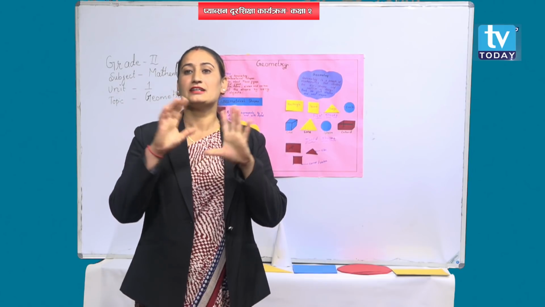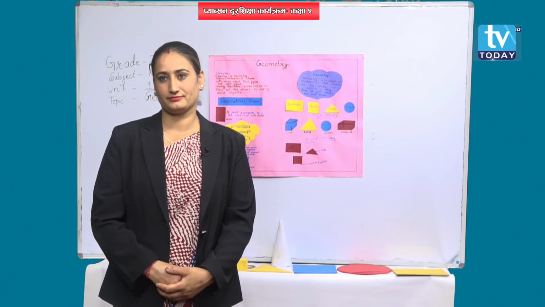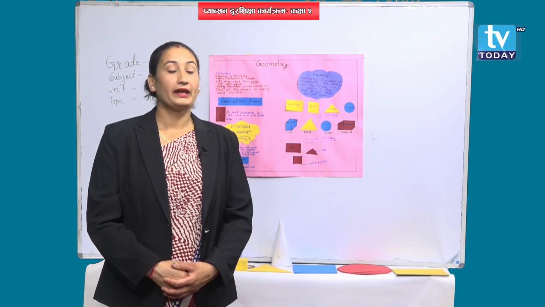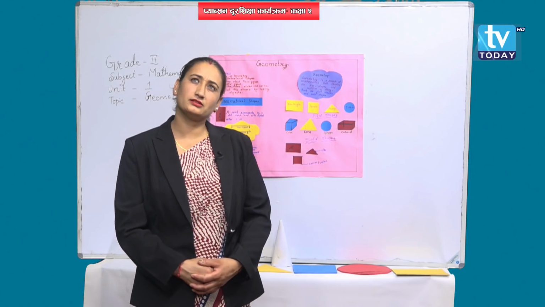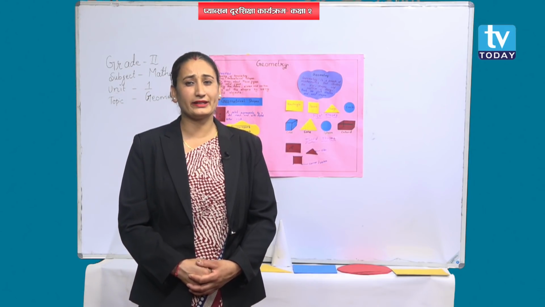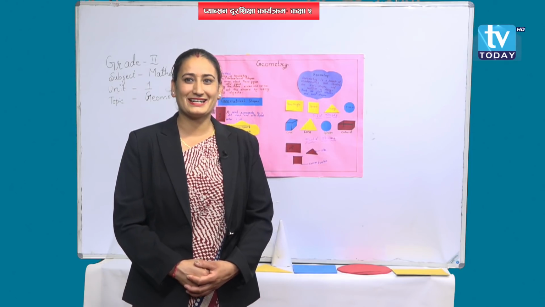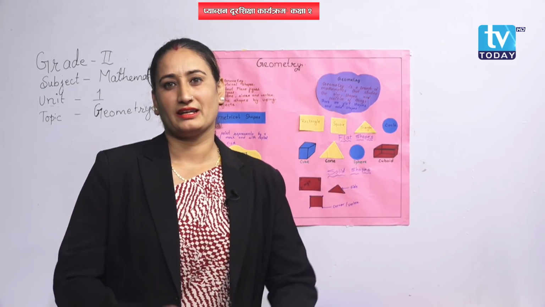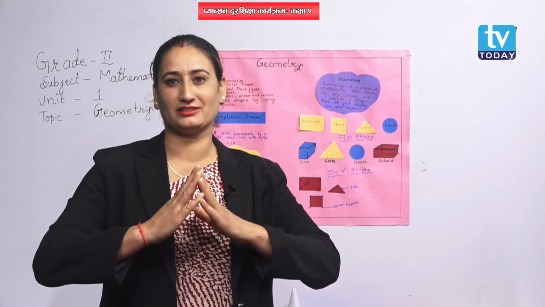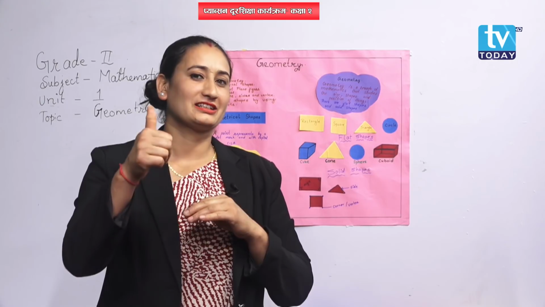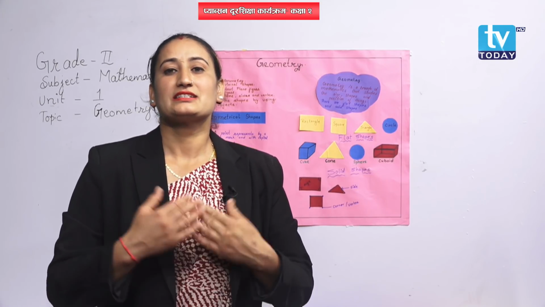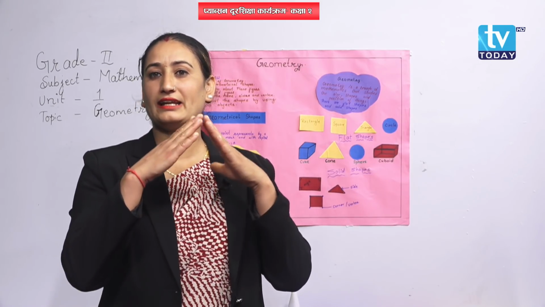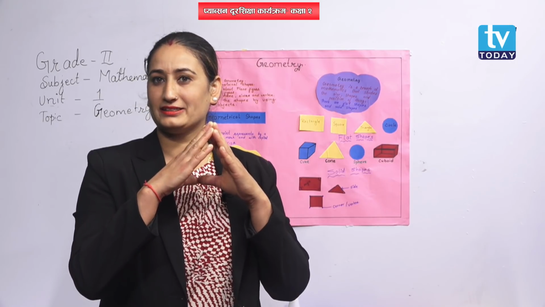Really? It's a square in shape. Good. Now next, triangle. Have you seen the Christmas tree? And what is the shape of the Christmas tree? It's a straight triangle. Have you noticed it? Good. That means the Christmas tree is also a triangular shape, right?